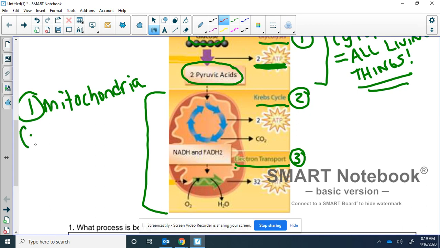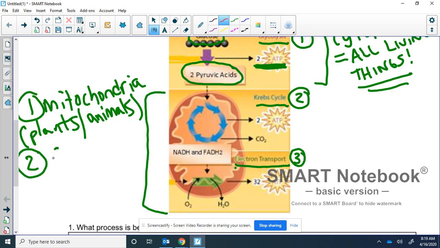So mitochondria are found in plants. Yes, plants go through this, and animals. Something small and simple like bacteria isn't going to have a mitochondria. The second thing that you need to have in place to go through these 2 steps is oxygen. If you are not breathing oxygen, your body cannot go through these steps.